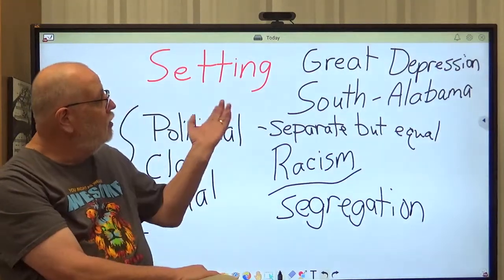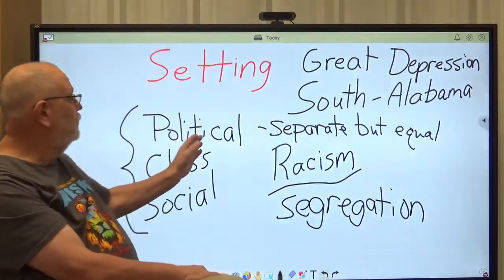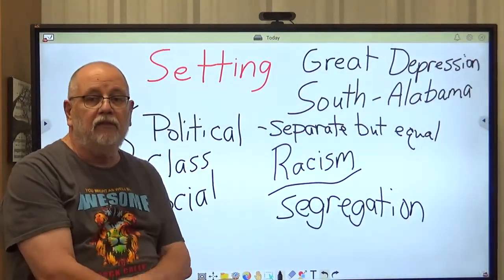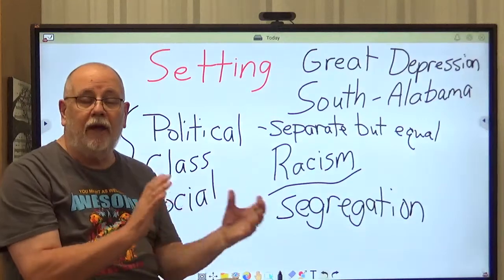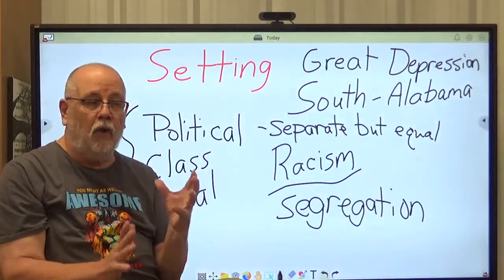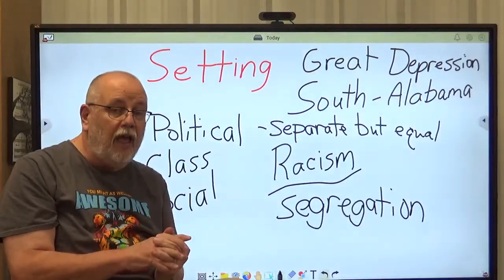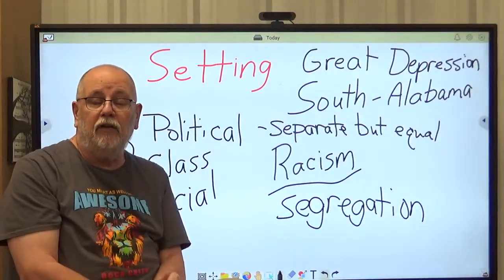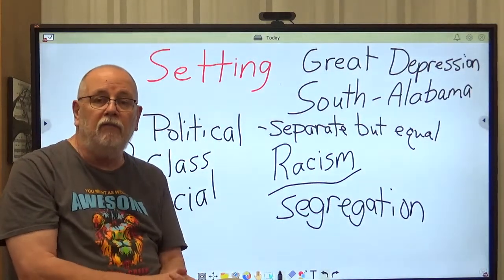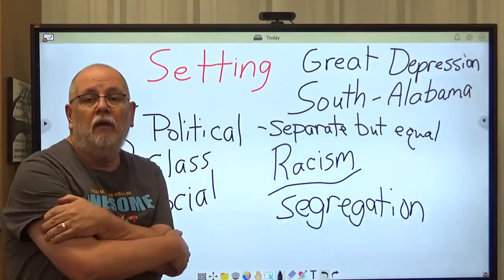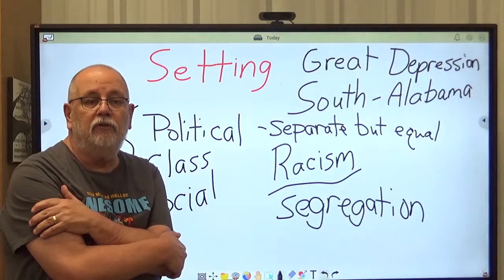The goal for the people who were in power, this is the political part, the goal for the people who were in power in the South was that the whites would remain in power, and the blacks would be, even though they're no longer slaves, subservient to the whites. The whites would get all the advantages. Go back to the Great Depression. Who do you think were the first people to lose their jobs?